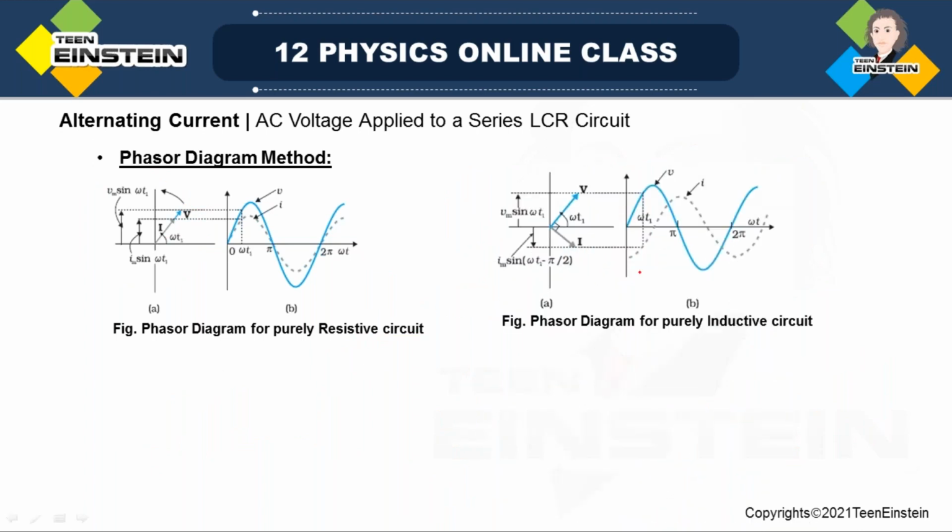Now we'll see how the phasor diagram looks for a purely inductive circuit. We have seen in the case of an inductive circuit, if you have V equal to Vm sine omega t, you have the equation L di/dt equal to Vm sine omega t.